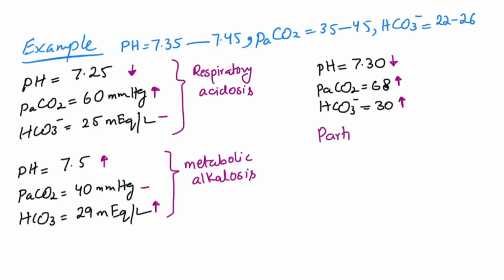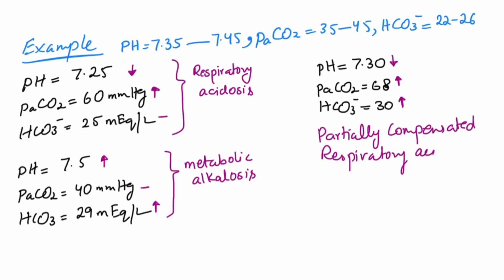So this is basically the kidneys trying to compensate. So it is partially compensated respiratory acidosis, in which the pH is not entirely normal, but the bicarbonate levels are a bit higher to bring it back toward normal. So that's an example of compensation by the kidneys in case of respiratory acidosis.